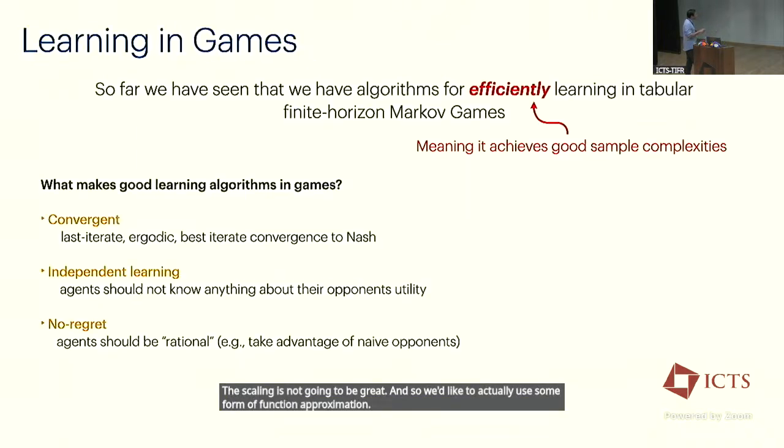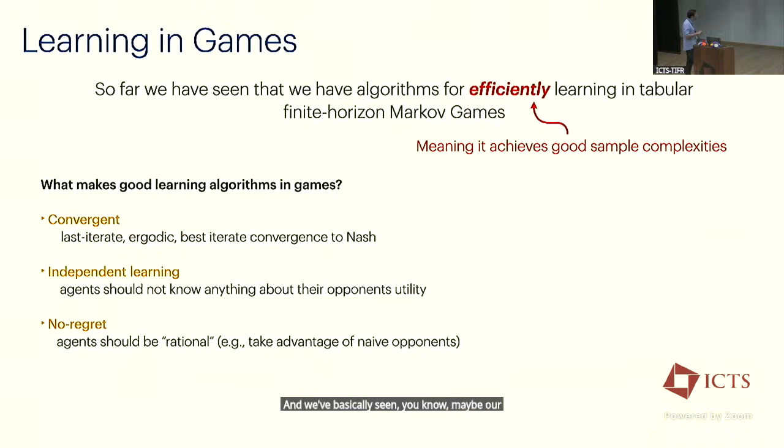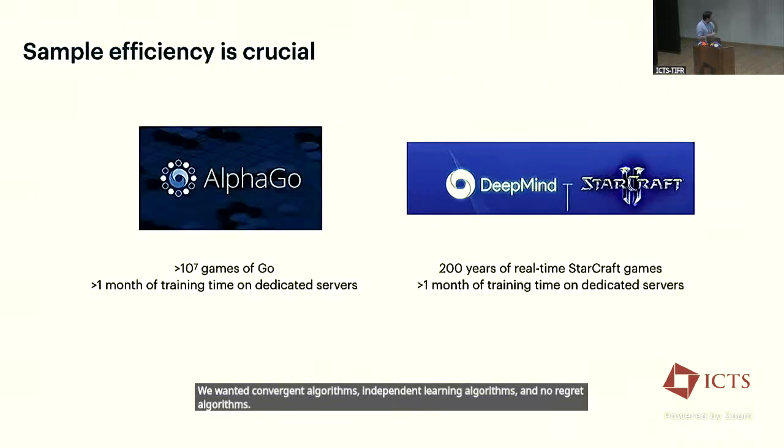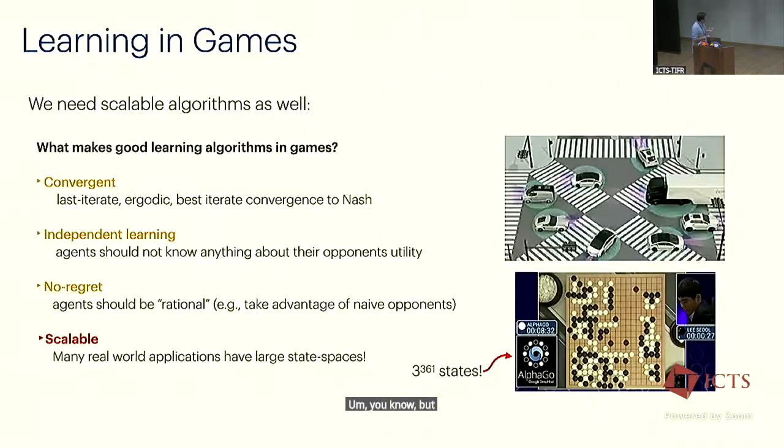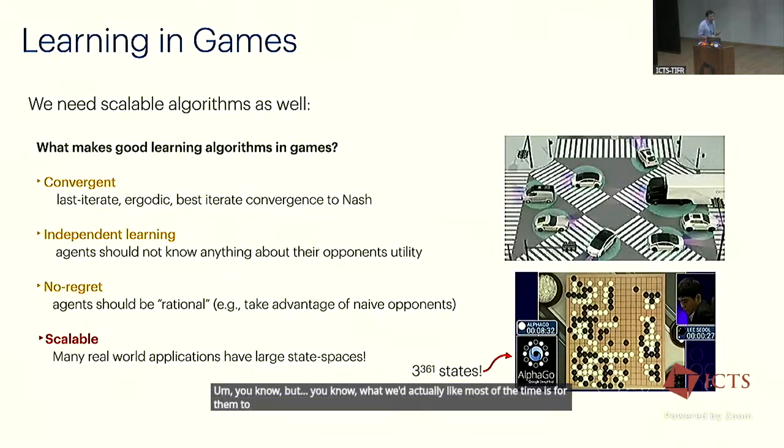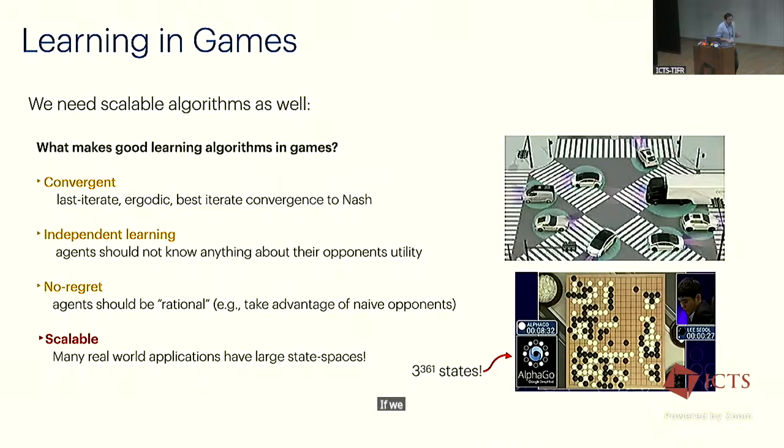And we've basically seen our three desiderata from before. We wanted convergent algorithms, independent learning algorithms, and no regret algorithms. But what we'd actually like most of the time is for them to be very scalable, because even if our sample complexity scales linearly in the number of states, that would never have allowed us to solve AlphaGo, right?